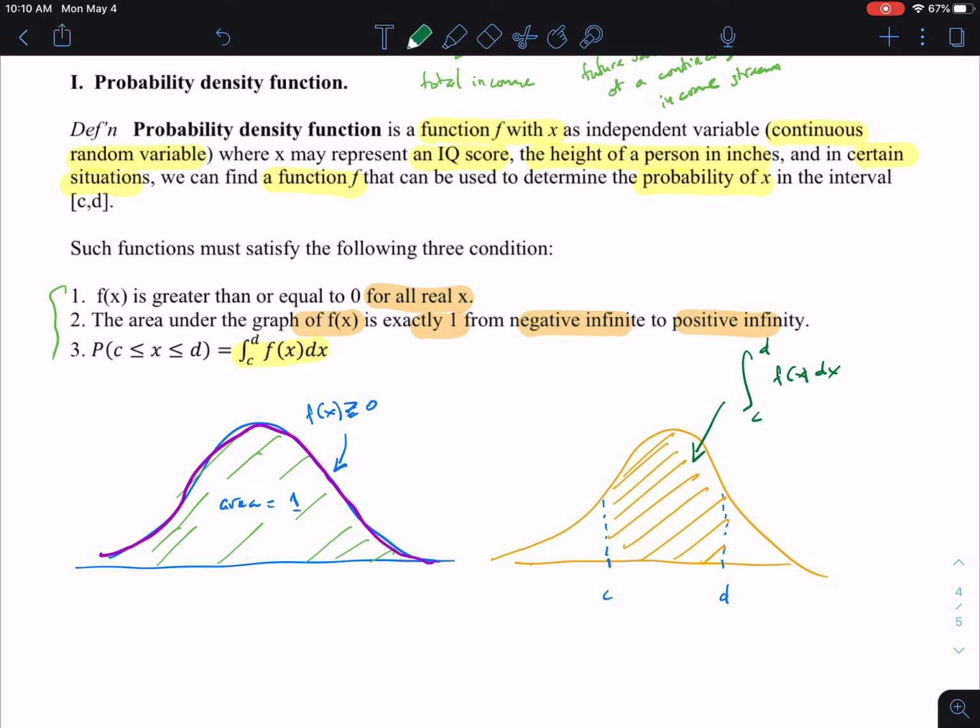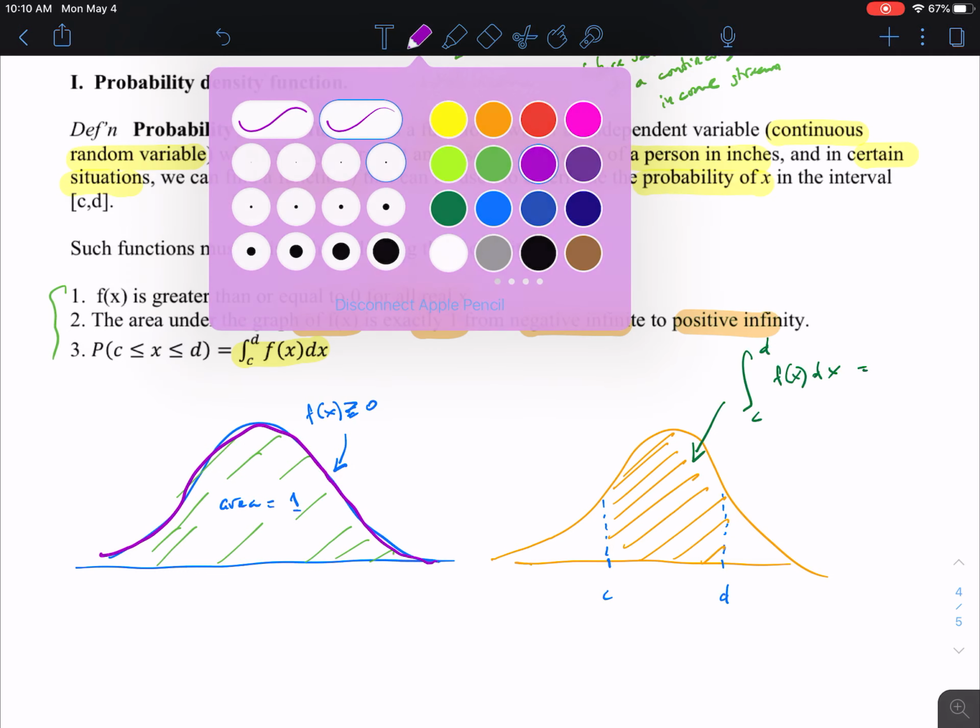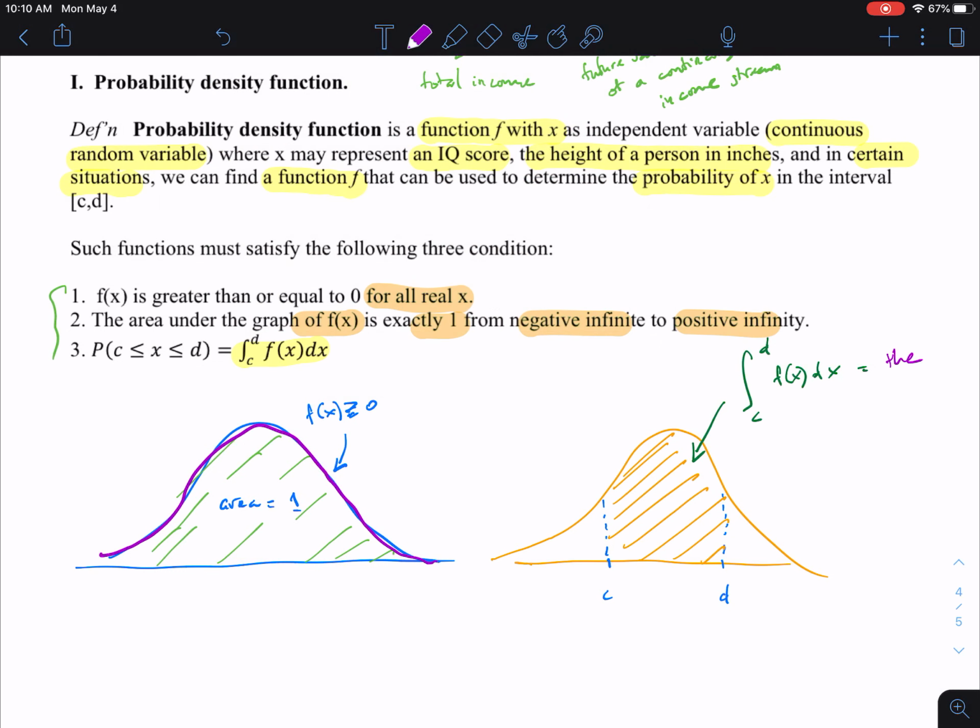But this area has a meaning: it's not just an area, it's referring to the probability. So if we want to interpret this, it equals the probability of the outcome of x in the interval c to d.